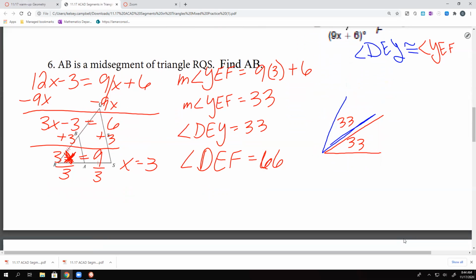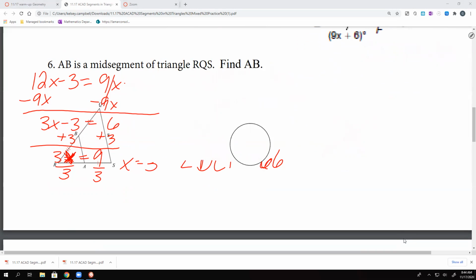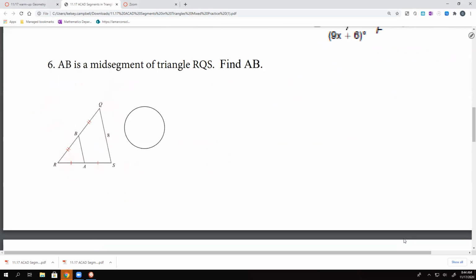All right, number 6. A mid-segment. Y'all remember what mid-segments mean? So your mid-segment, how many mid-segments do you need to make this side here?